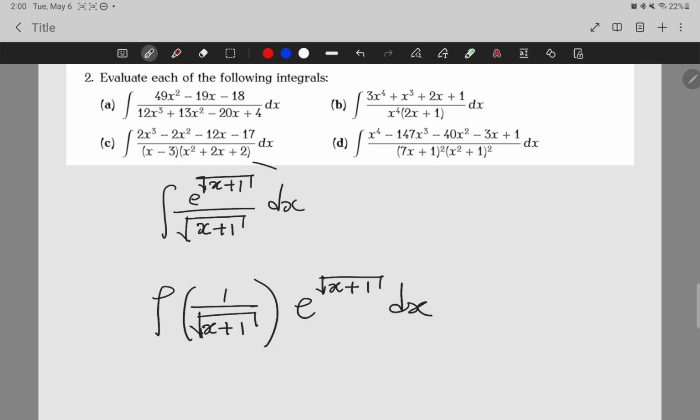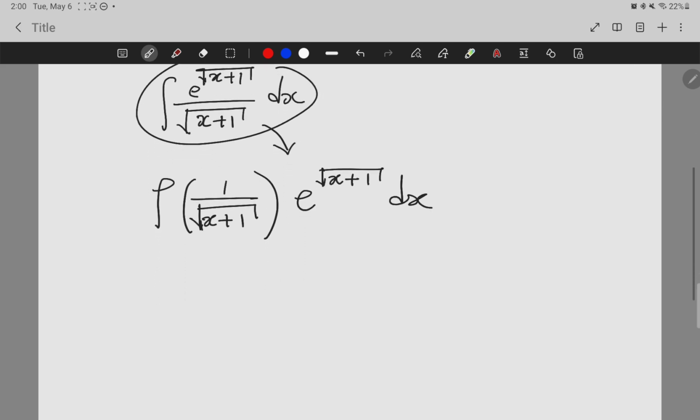If you can view it like that, then you should see that it shows up as a derivative of a function multiplying the same function, let's say e to the power f of x.